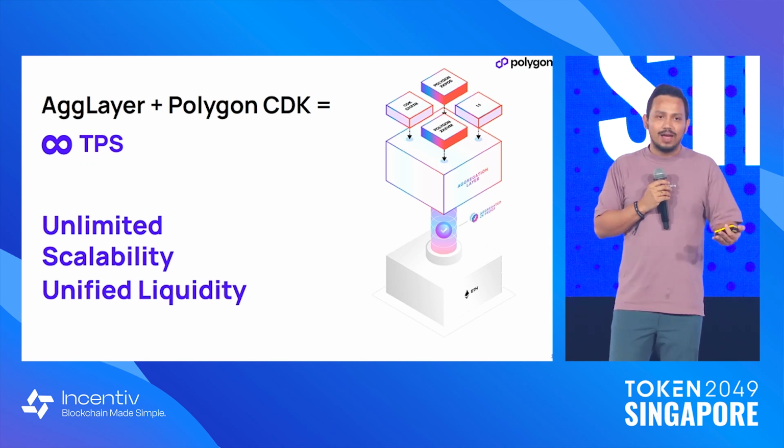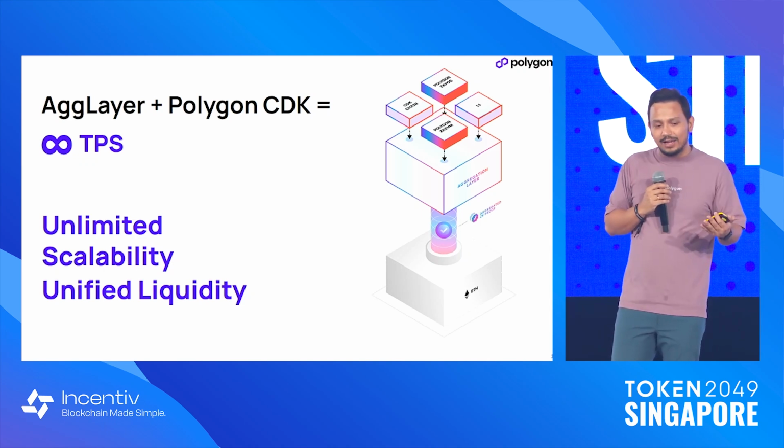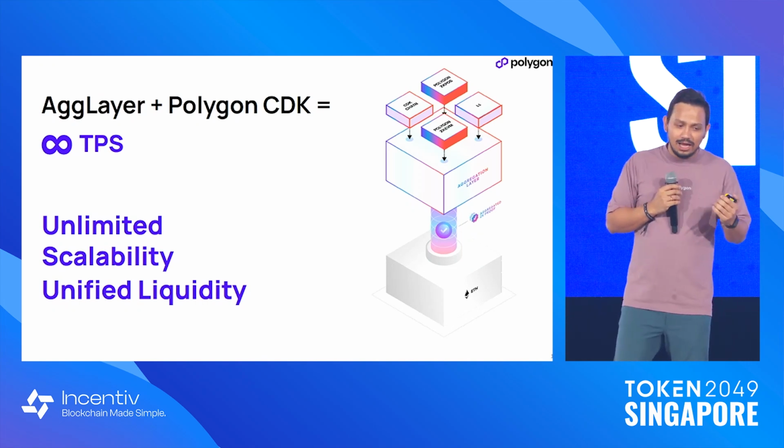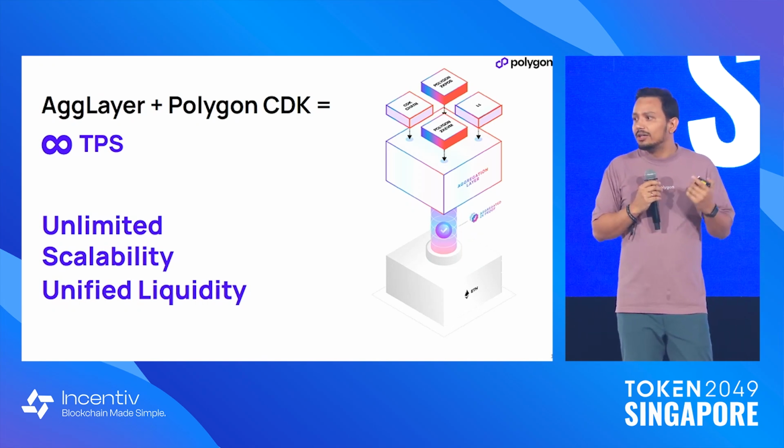It will be that for value, because we all are building this internet of value, and that's the mission of Polygon. That's the mission of Ag layer: unlimited scalability, unified liquidity. I'll rest my case here.